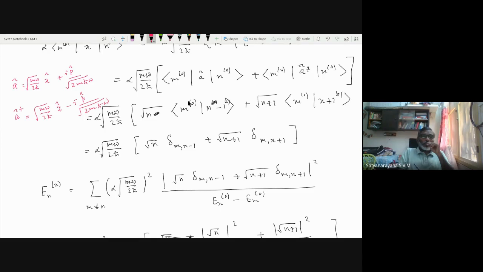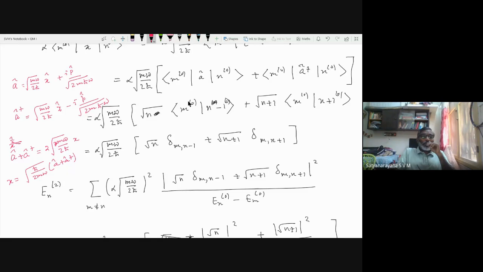So what will you get if you take a plus a dagger? So a plus a dagger will be equal to 2 times square root of m omega by 2h bar into x. So what will be x? x is equal to square root of h bar by 2m omega into a plus a dagger.